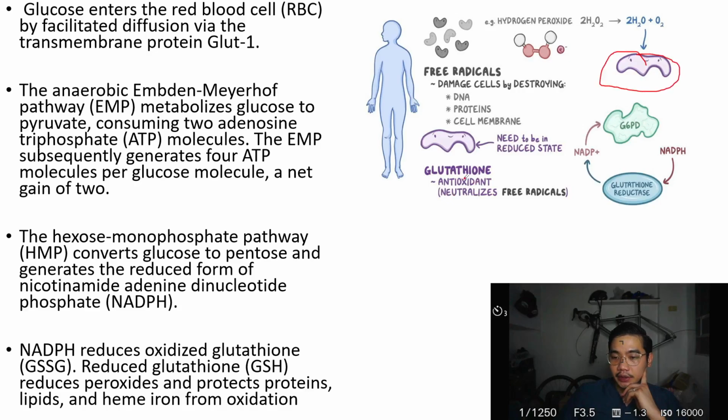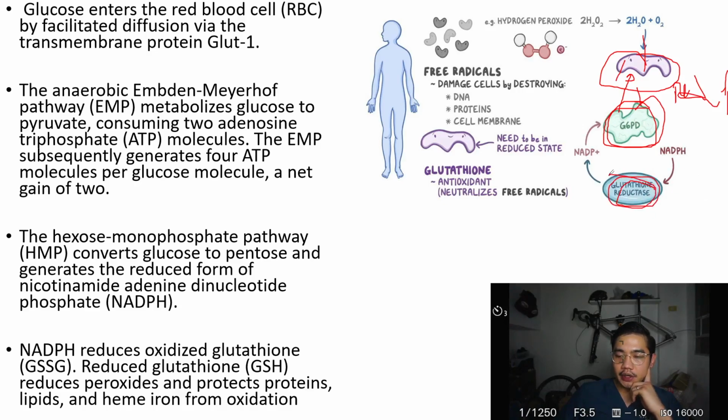your glutathione is needed to neutralize this, but it needs to be in a reduced state. What does reduced mean? It means it has no extra, it is not oxidized. So the enzyme that is in charge of reducing your glutathione is your glutathione reductase.